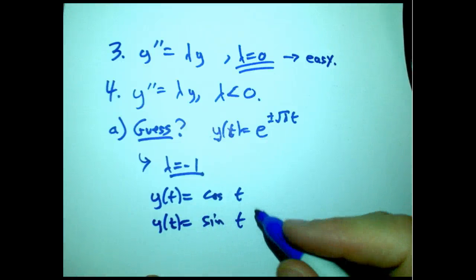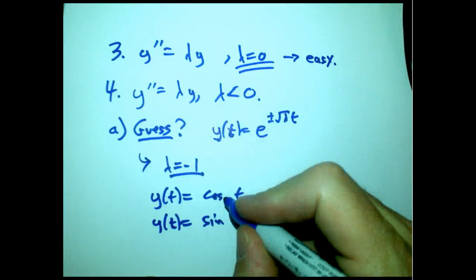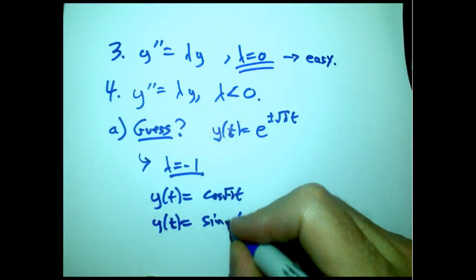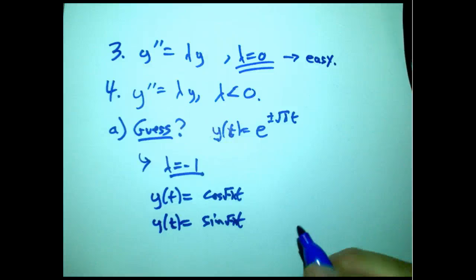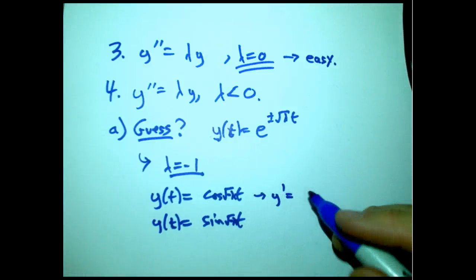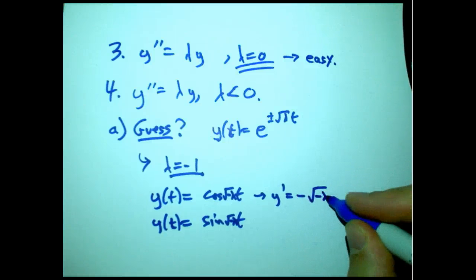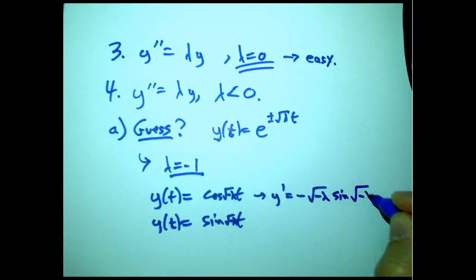Now, if we want a lambda to come out, we're taking two derivatives. So if you put a root negative lambda here, root negative lambda. Okay, that didn't fit. I didn't leave enough space. Then what's y prime? That's going to be minus root minus lambda sine root minus lambda t.